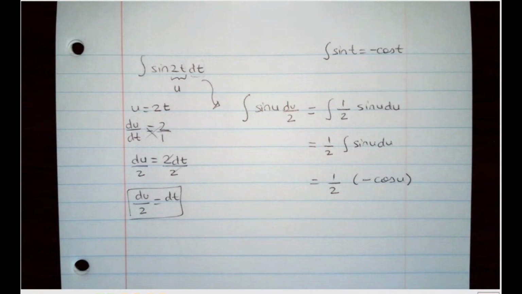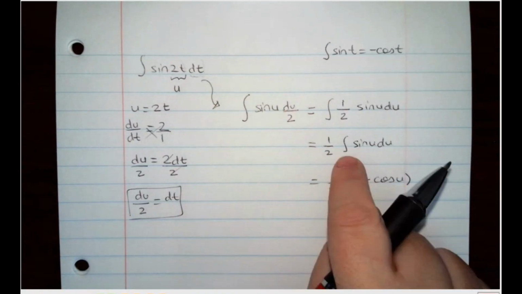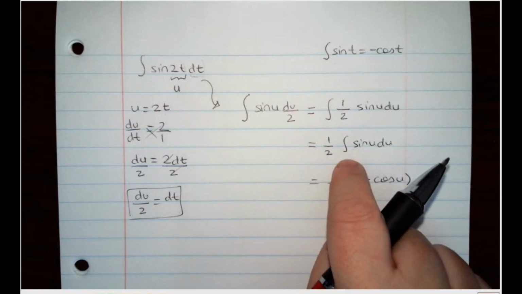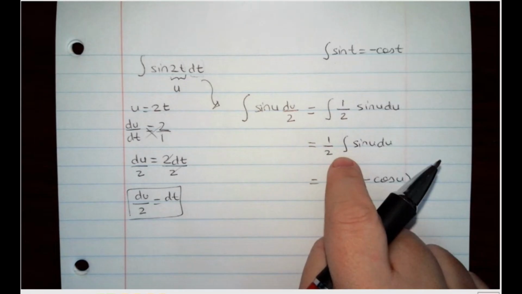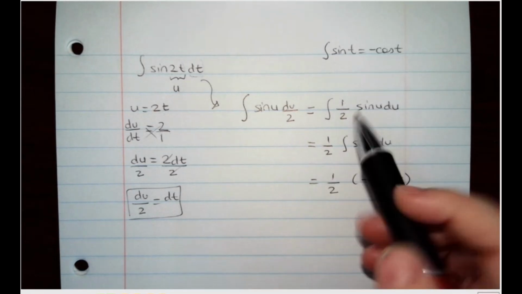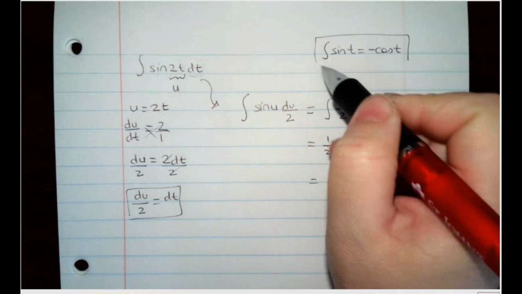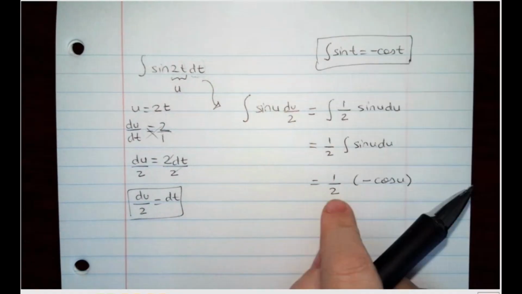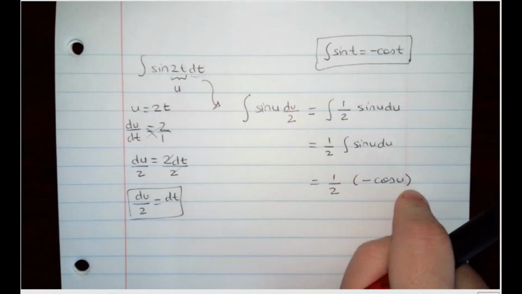Once we find the integral, we get rid of the integral sign and du. The table of antiderivatives gives us that this integral equals negative cosine u.